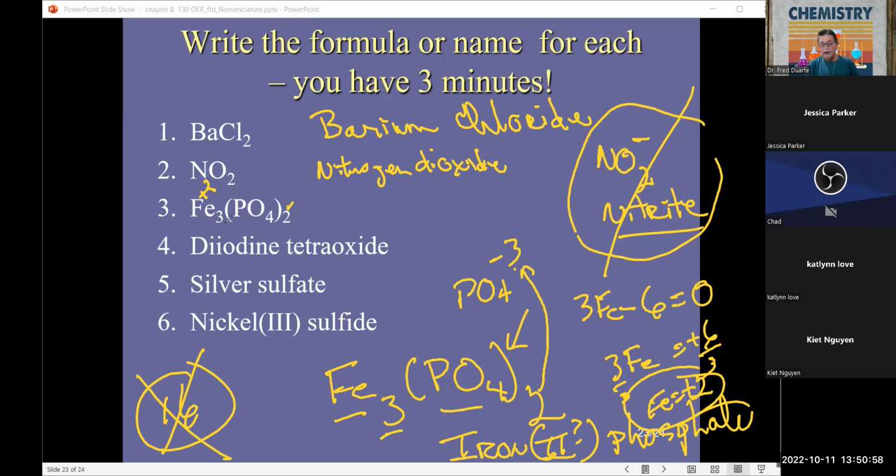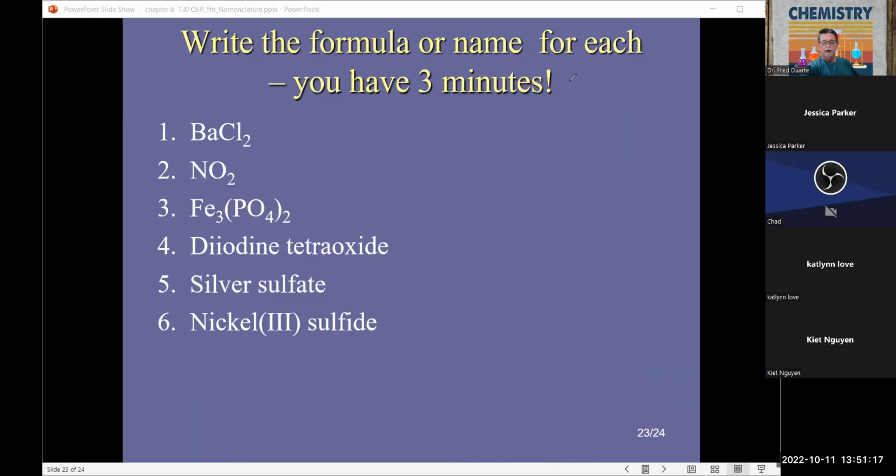And that turns out to be the subscript for the cation, right? So at a glance, I could have gone very quickly, directly to iron, parentheses, Roman numeral 3, phosphate. But if you didn't see that, then work it through completely so you can see how those numbers add up.